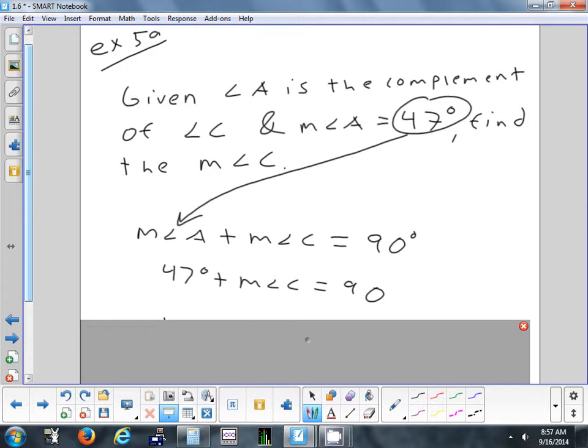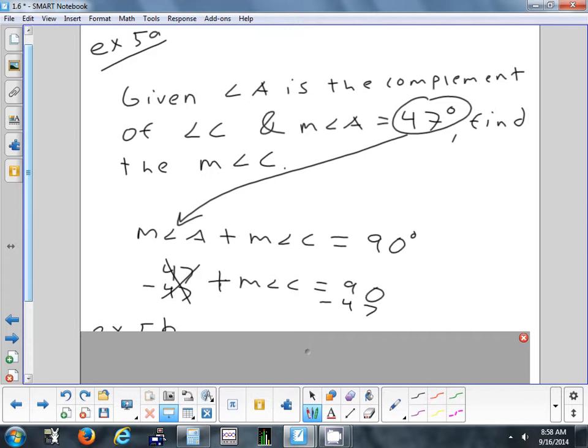James? I'm going to subtract 47. Yeah. And usually when I'm solving a problem, I leave out the degree symbol. If I need to put it back in at the end, I will. So we're going to minus 47. And the measure of angle C, anyone tell me what that is? 90 minus 47? 43 degrees. Very good.